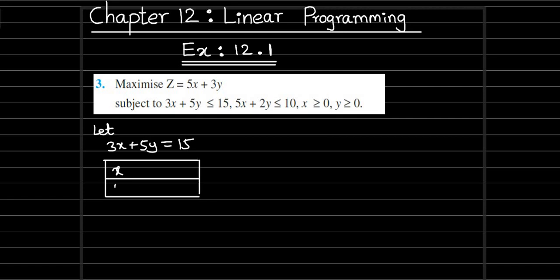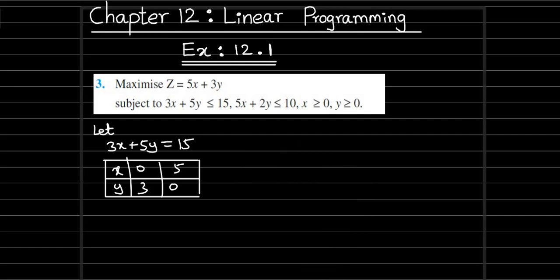If x equal to 0, then 5y equal to 15, so y will be 3. If y equal to 0, then 3x plus 5 times 0 equal to 15, so 3x equal to 15, and x will be 5.